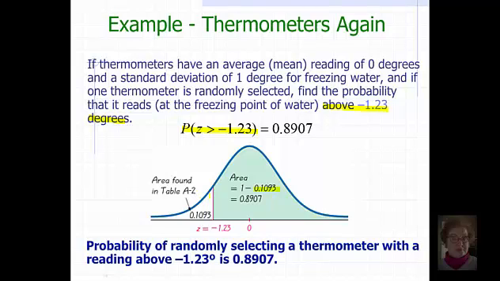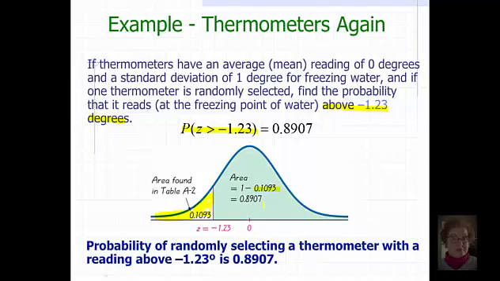That is the area to the left. That's the area down here, but that isn't what we're interested in. We're interested in the area above that. So we have to take the total area under the curve, which is 1, minus our table number to get our answer that we're interested in.